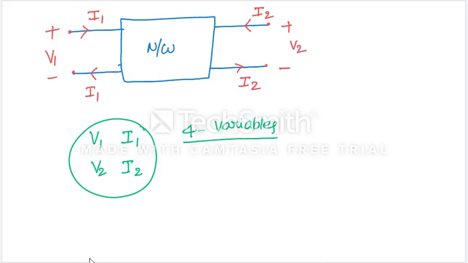From these 4 variables, what we do is we select at a time 2 as independent variables and the remaining 2 as dependent variables.